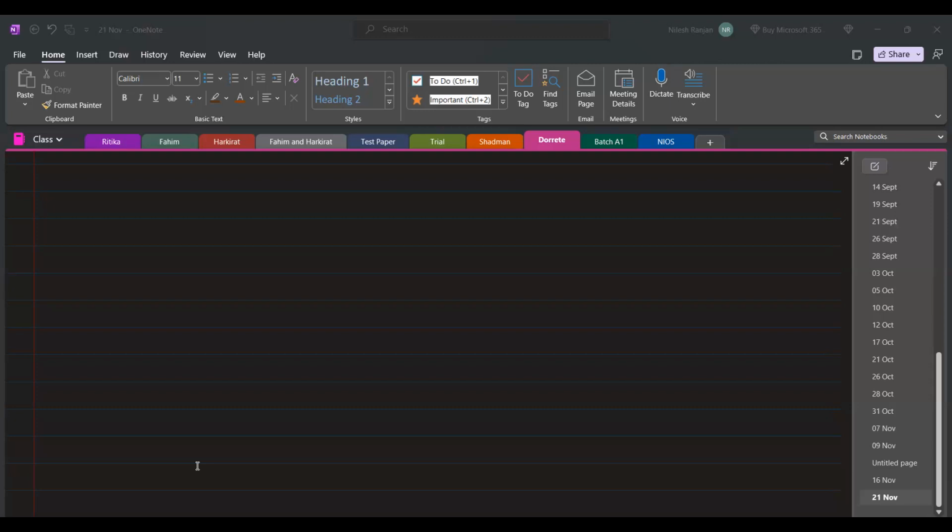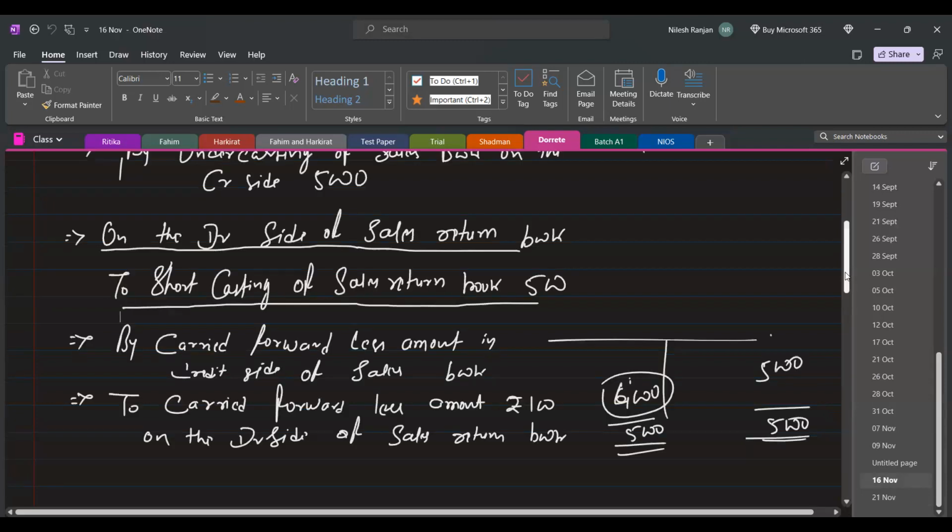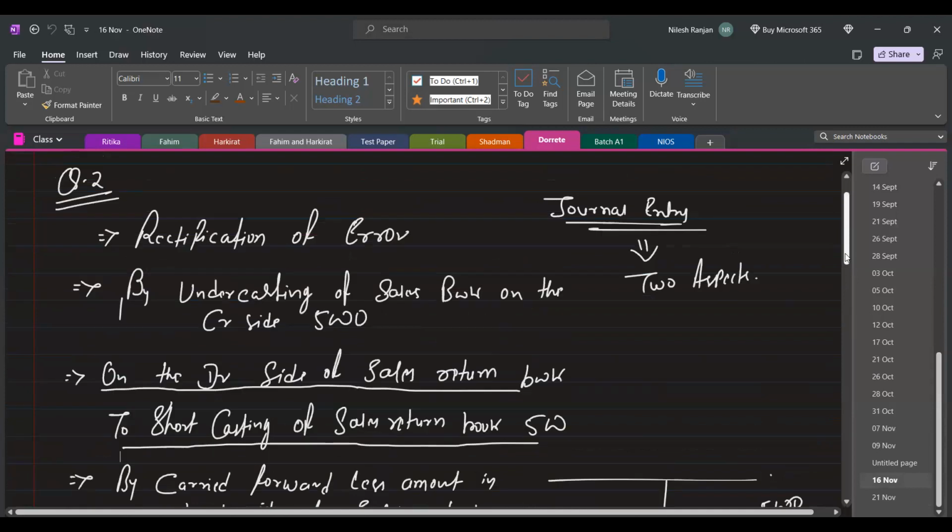Okay, so I'm repeating the main part of our single-sided error, when there is an effect on only one account.